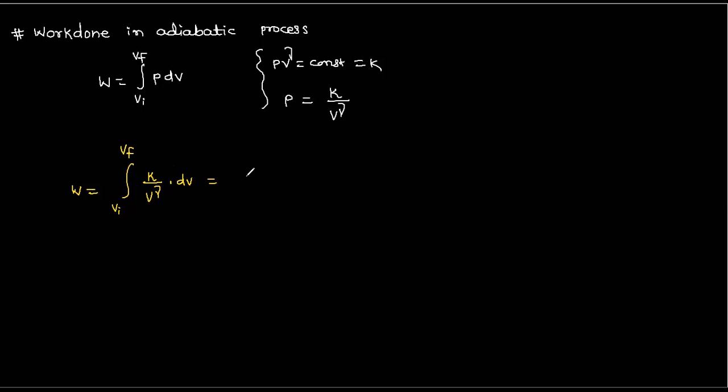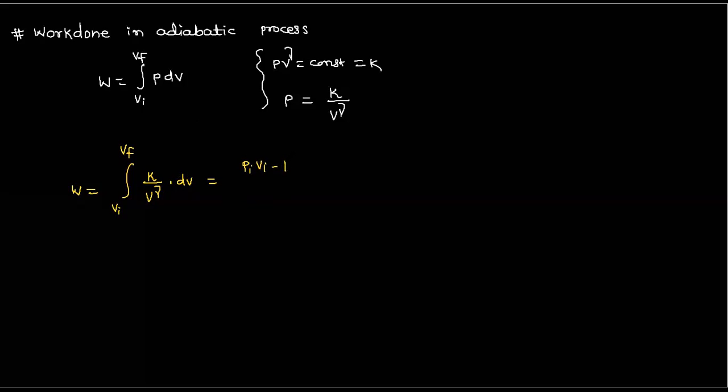So I'm writing here in this case what we are getting. What I did here, K by P power gamma into dV I have taken, and now if we will solve this, what we are getting?